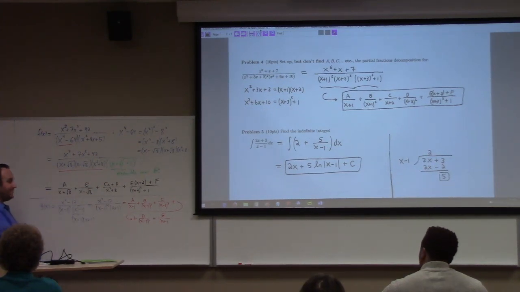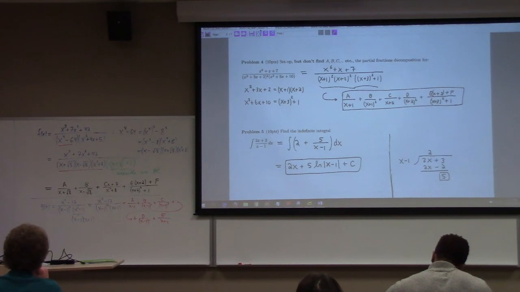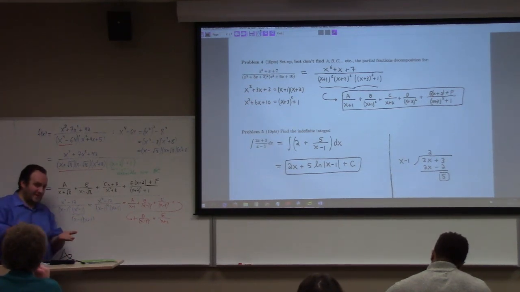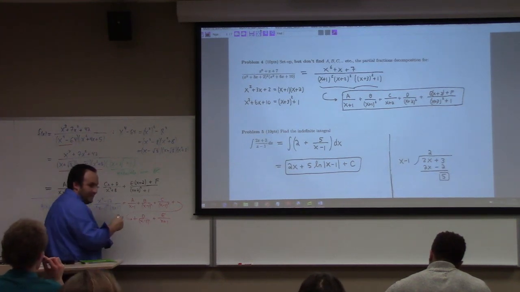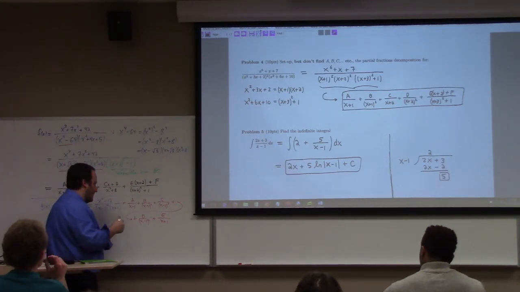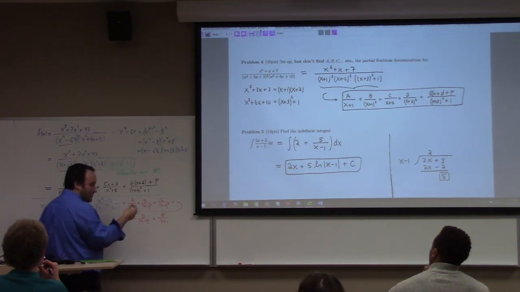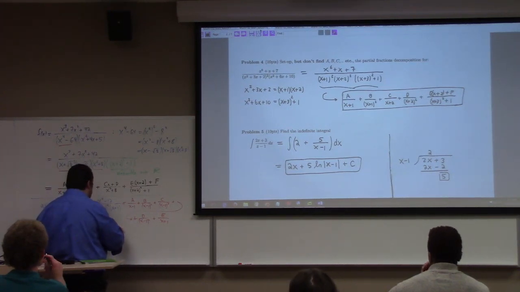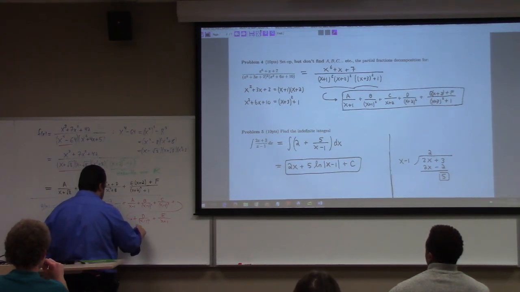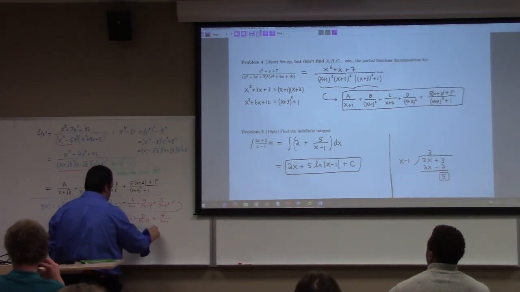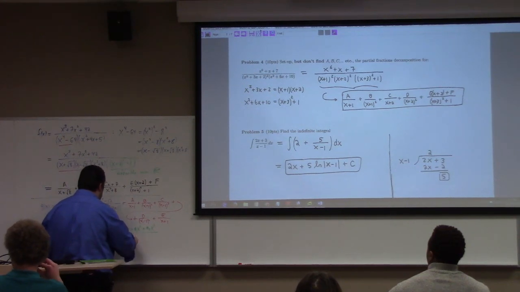If you wanted to, this would not be the partial fractions decomposition. But it is true that you could write a cubic polynomial of the form a naught plus a1 x plus a2 x squared plus a3 x cubed divided by x minus 1 to the fourth.